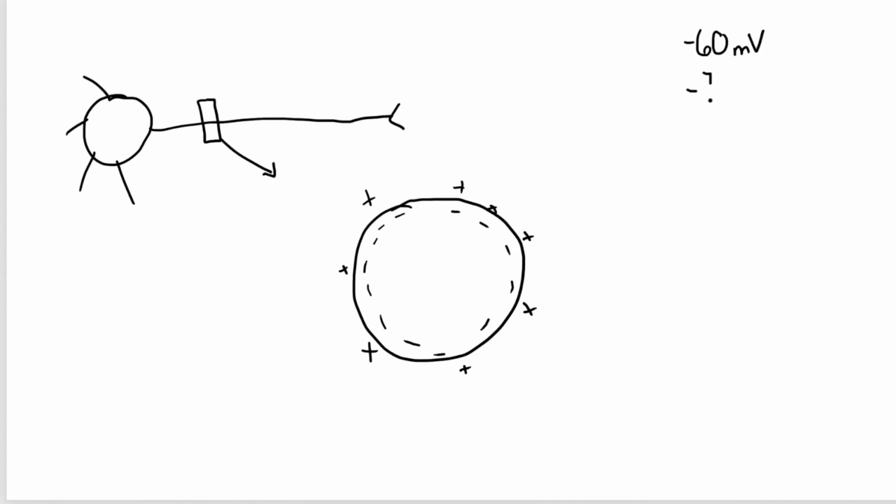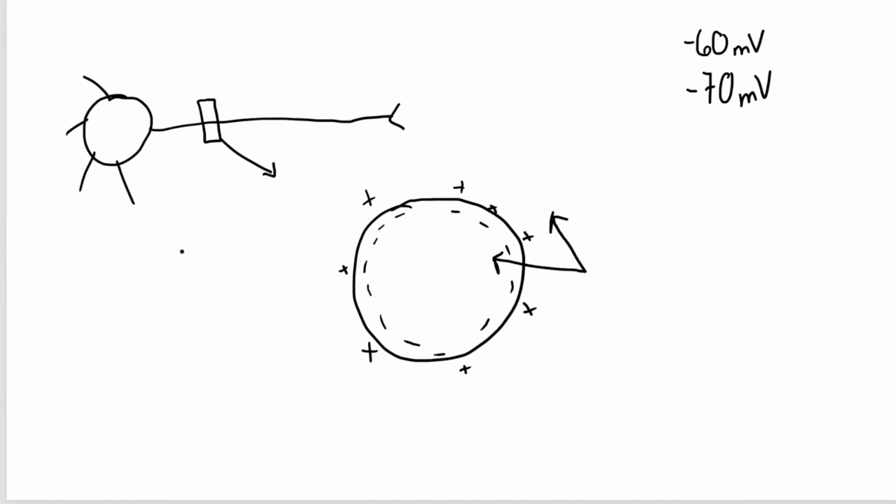Carlson, I think, says the inside of the neuron is minus 70 millivolts. Regardless of which of these numbers you choose, what it means is that if you take an electrode and you record just outside the neuron and just inside the neuron, what you'll find is a difference of between 60 and 70 millivolts.